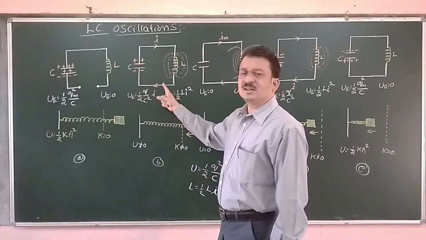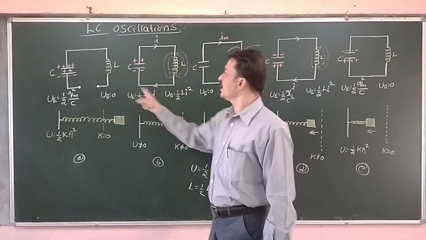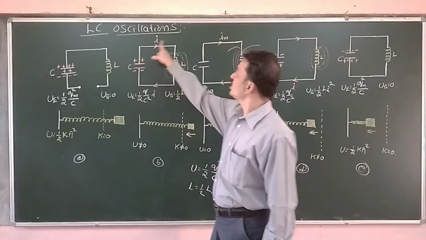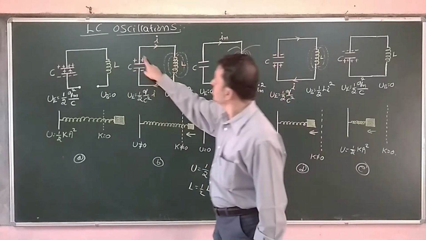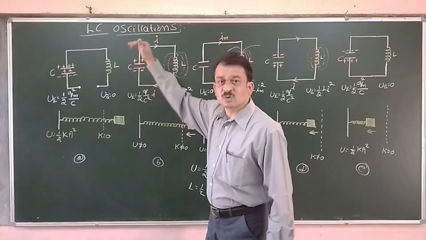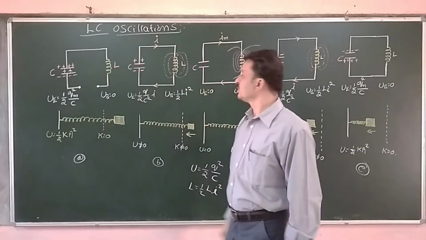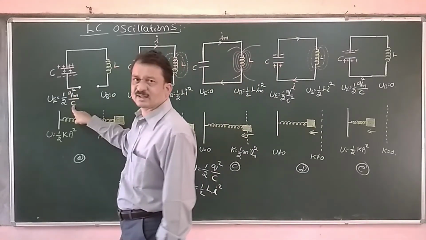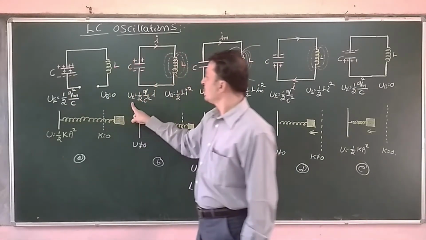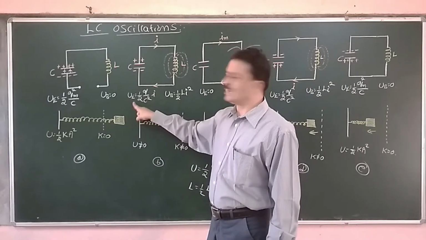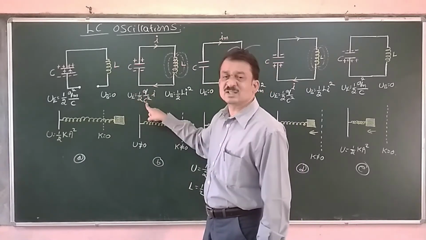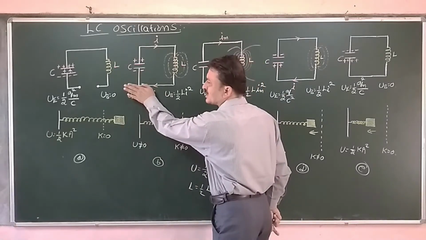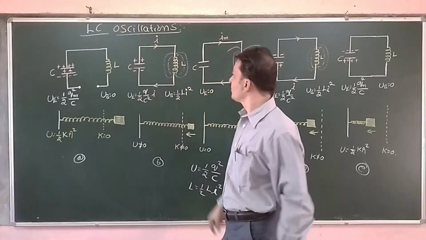Now as and when the inductor is connected to the fully charged capacitor, the current starts to flow. The number of charges in the capacitor goes on decreasing. Here the electrical energy is half Q square by C. Since charge is decreasing, this electrical energy is decreasing.